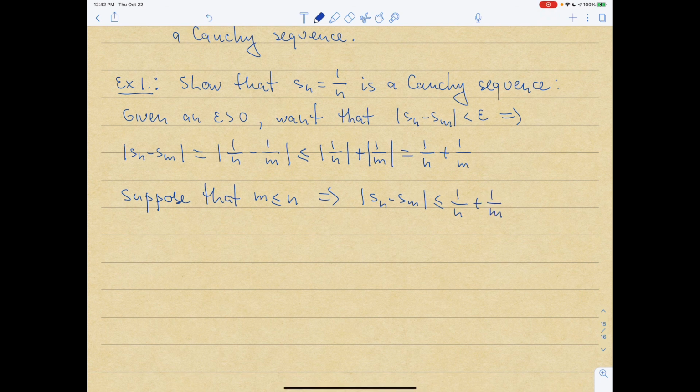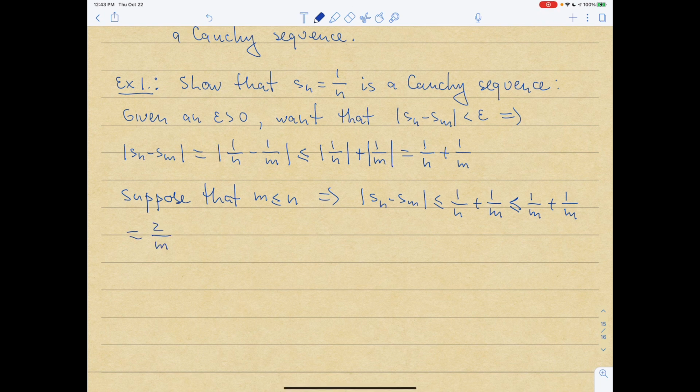And now, because m is less than n, if I replace n by m, I'm going to make this expression larger, so less or equal than 1 over m plus 1 over m, which is 2 over m.